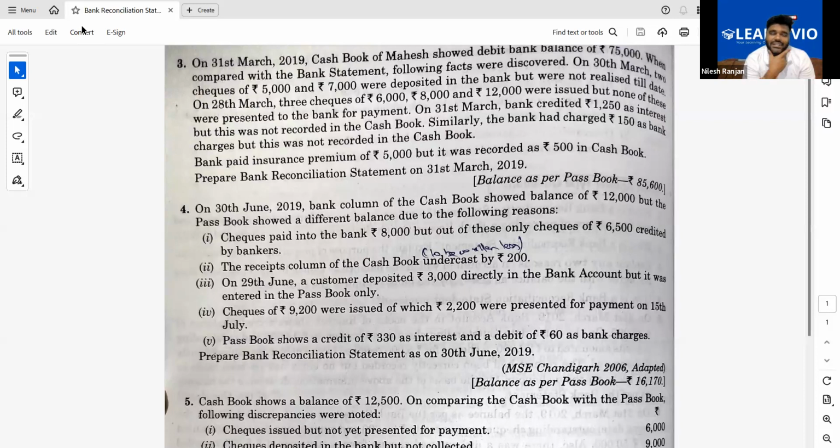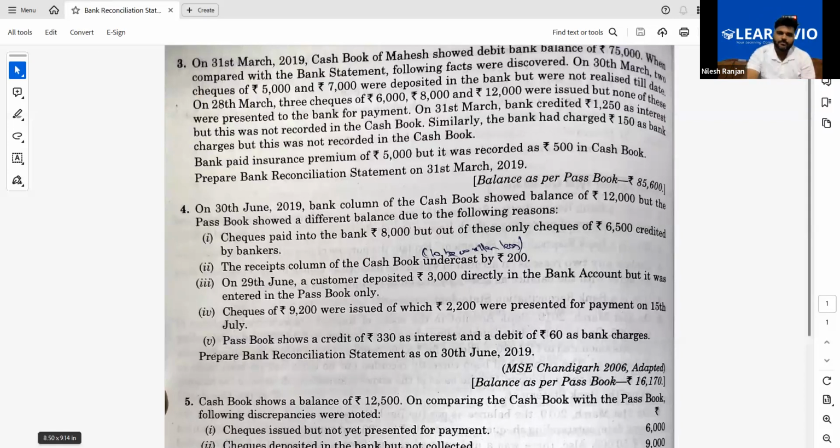Yes, your answer is correct, but you have to go through the process. Then only you can understand. So the first step is impact, means there is impact on passbook. It is decreasing. So passbook is decreasing, and we have cash book as a starting point. So we will decrease the cash book also.